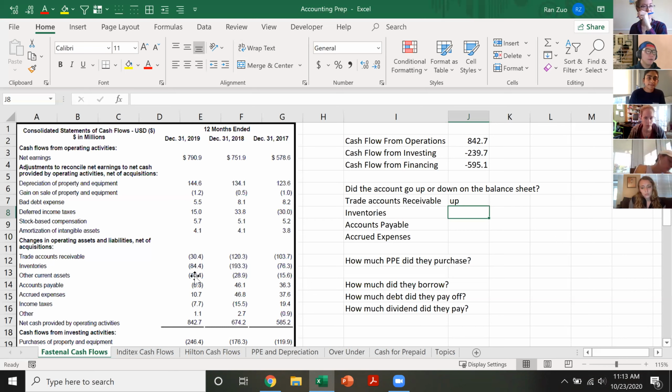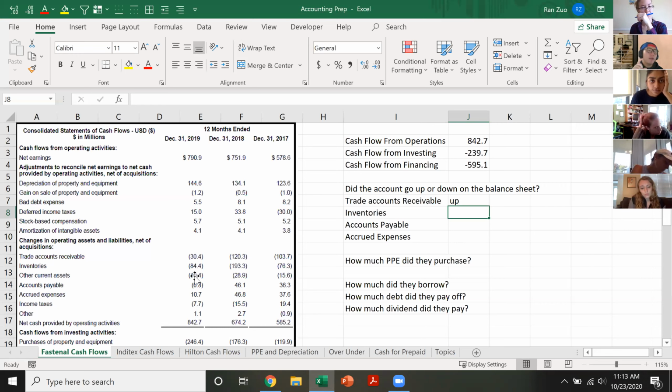You build your inventory and then when you sell it, you take it from inventory to cost of goods sold. It's an expense, reflecting what you spent to make that inventory, to make that sale. However, if inventories increased, presumably you paid for it in cash. That's kind of what it's reflecting here.